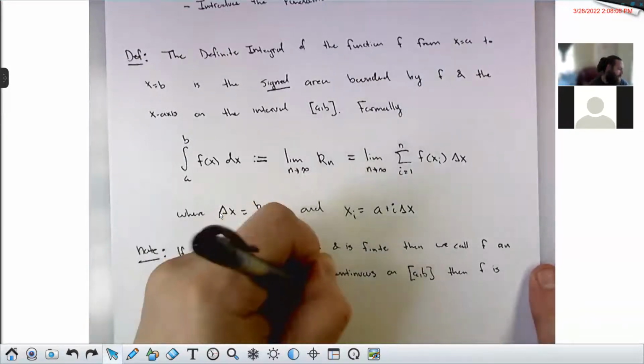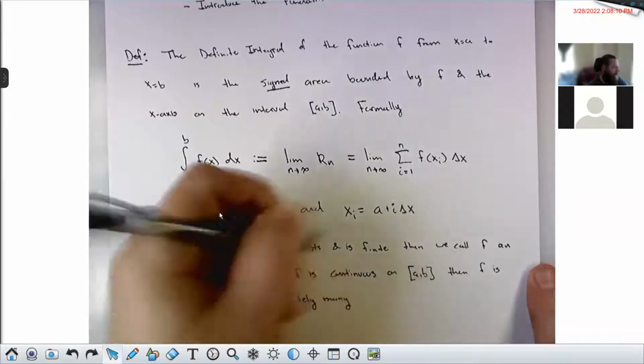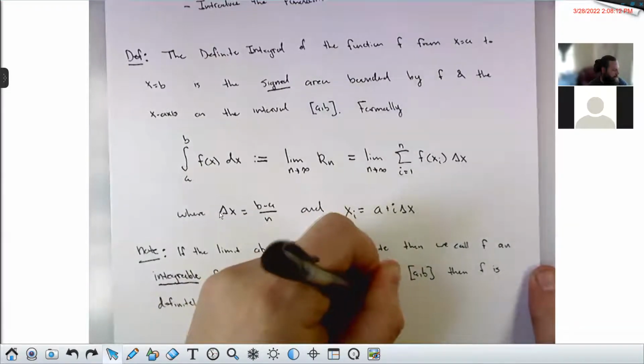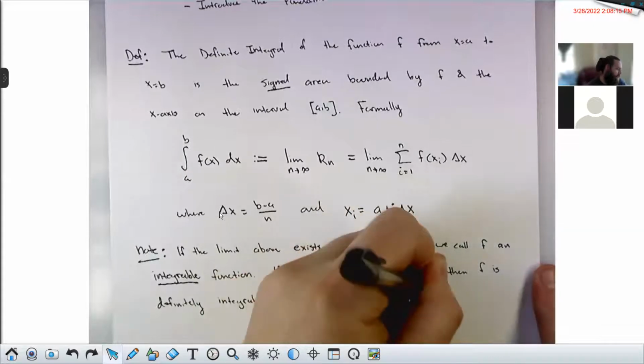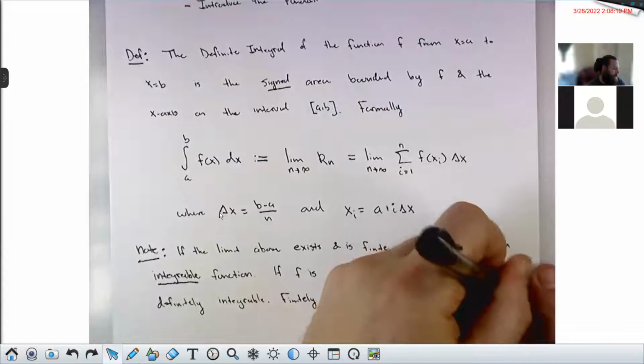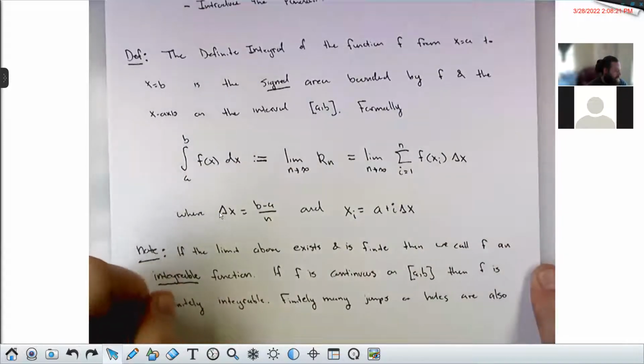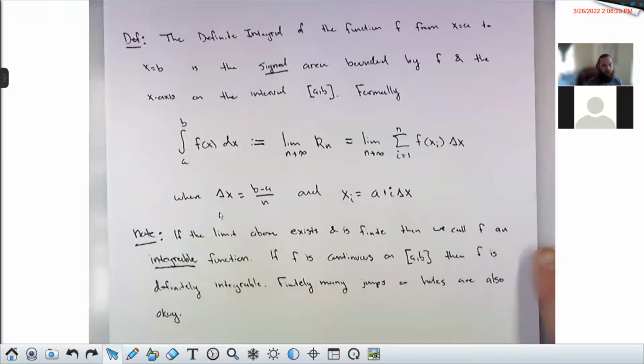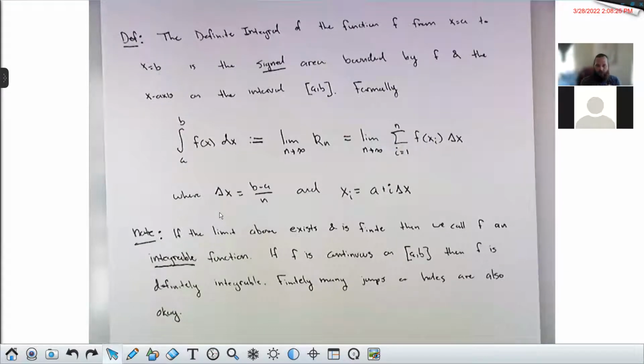Finitely many jumps or holes are also okay. So integrable functions certainly include continuous functions. Every continuous function is integrable, but there are many integrable functions that are not continuous.